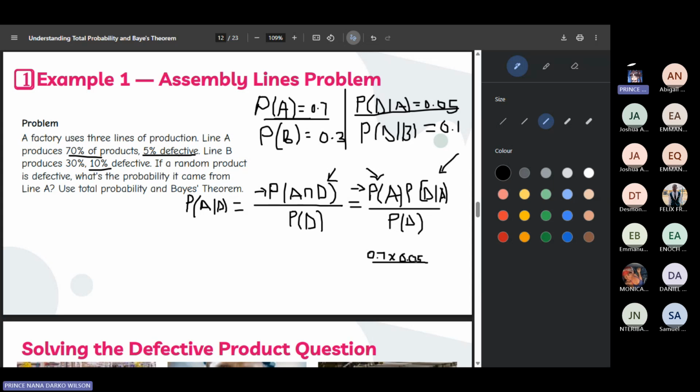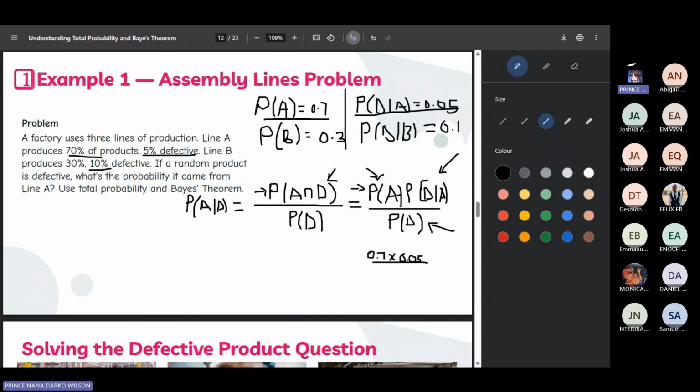Now, let's not forget that our denominator is supposed to be the probability of a defective product at all. This means it could come from A, it could come from B. Therefore, we are taking the probability of it coming from A divided by the probability that it comes from A or B. That will become the total class size or the total sample space.